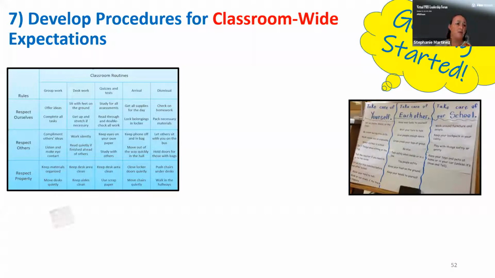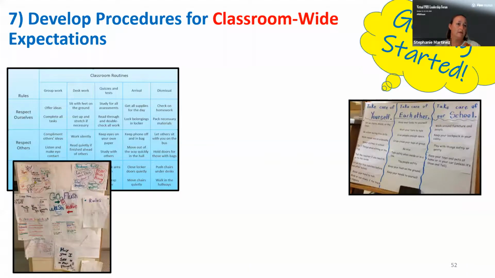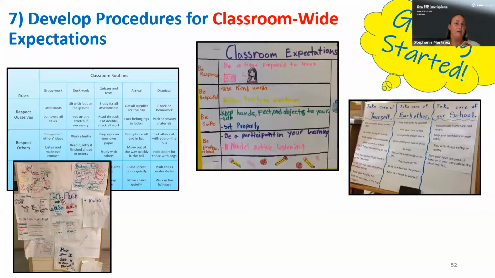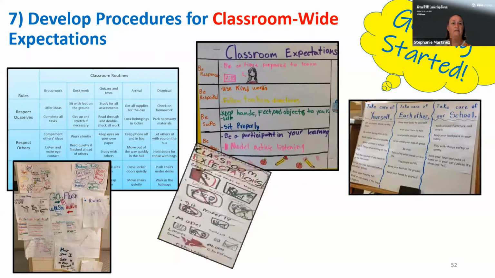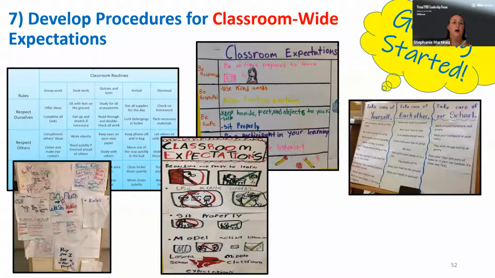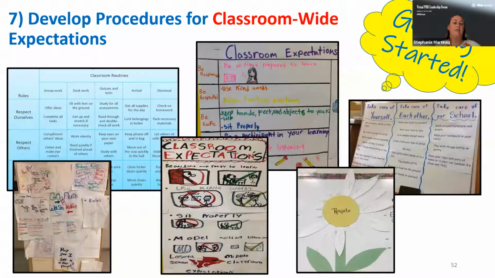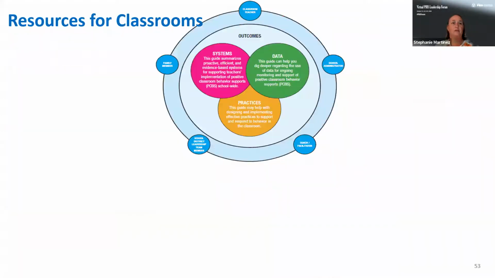So here's just a couple of examples of those. So I love it when we can see that the students have really been involved with developing that with the teachers. We know basic research around classroom management, the more students are involved, the more likely they are to participate. You'll also notice that there was one teacher in there that had it translated in Spanish so all the students could access that as well.